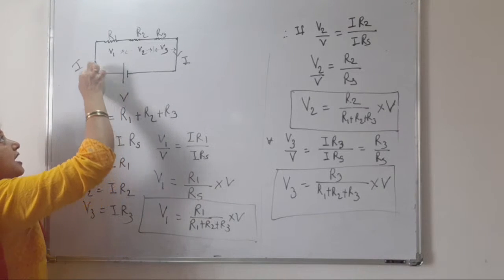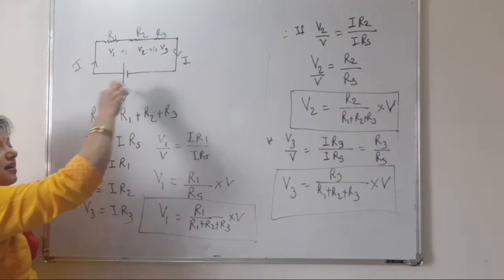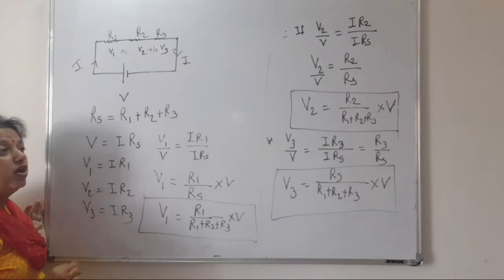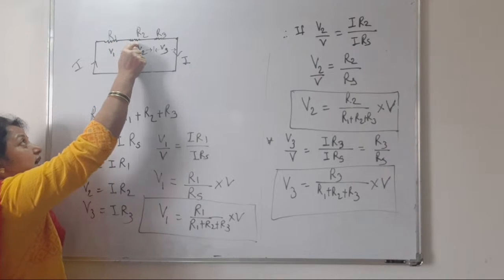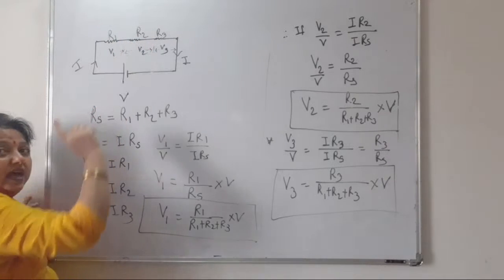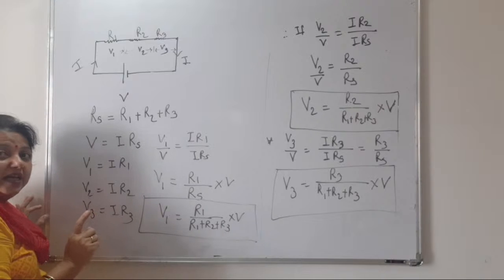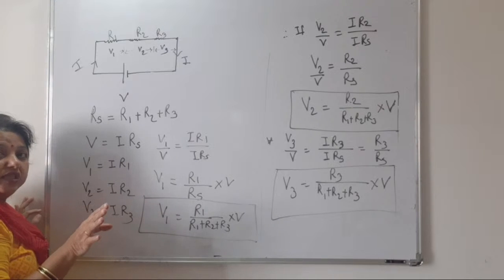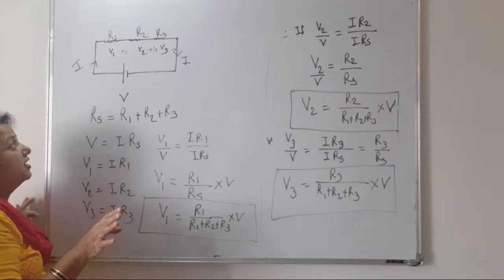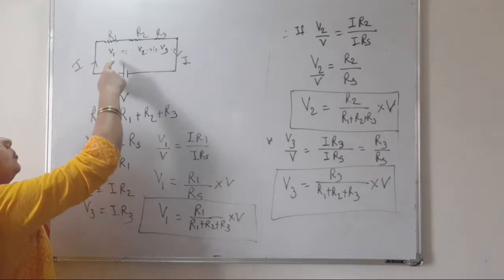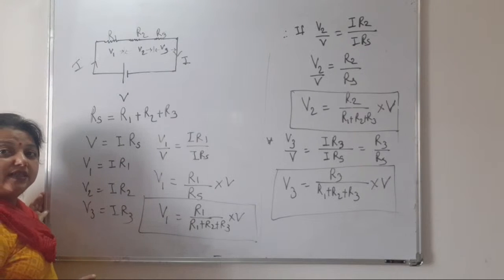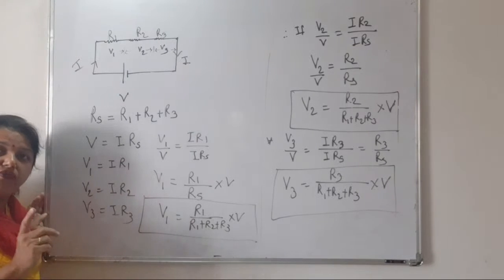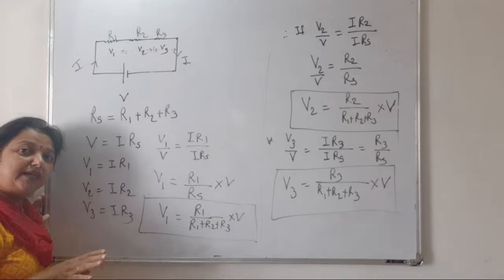What is the current through a series connection? It is the same. So the same current I will be through R1, the same current I through R2, and the same current I through R3. Means I is the current through all resistances, equal magnitude of current. Only the potential drop is different. Whenever there is a series combination, potential drop is different, but current through them is the same.